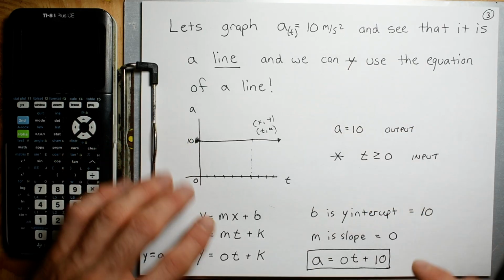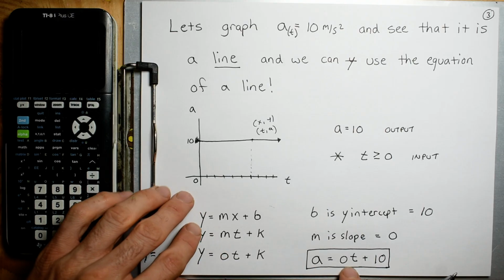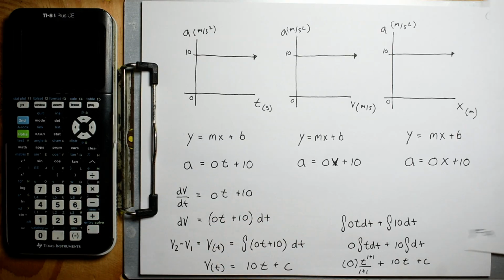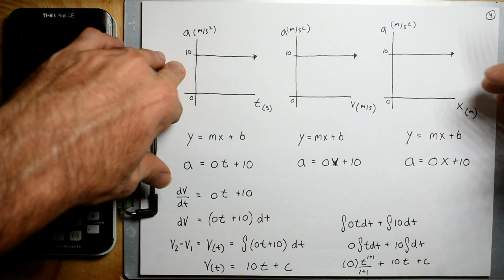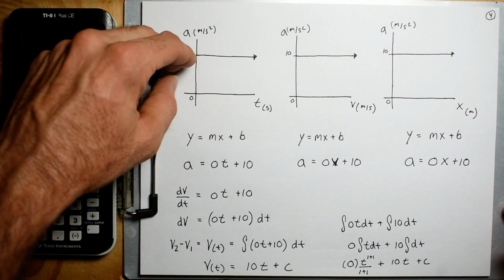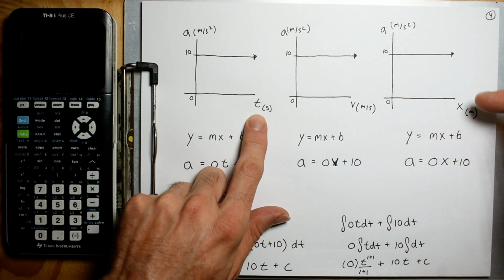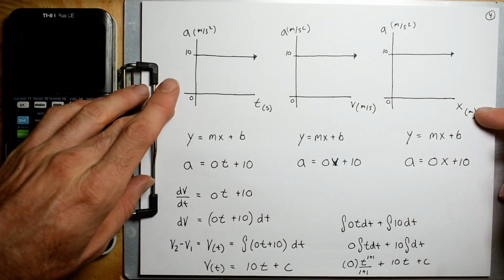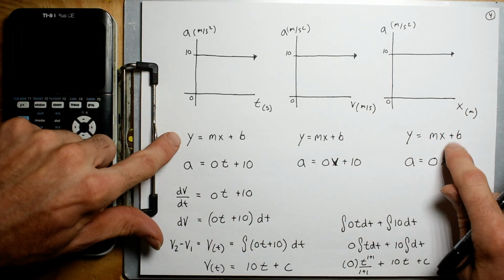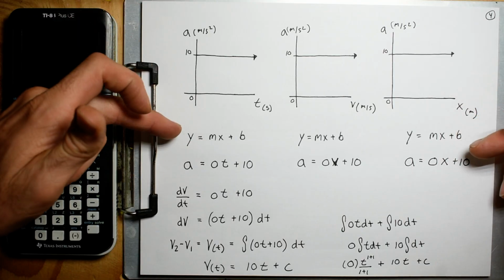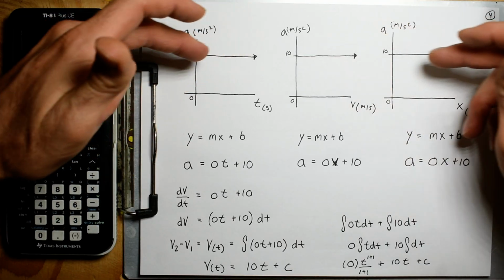So we graph this. We got our equation a is equal to 0t plus 10. Now I'm going to graph all three of them: acceleration as a function of time, as a function of velocity, and as a function of position. I'm going to use three, y is equal to mx plus b, because we do have three different lines here.